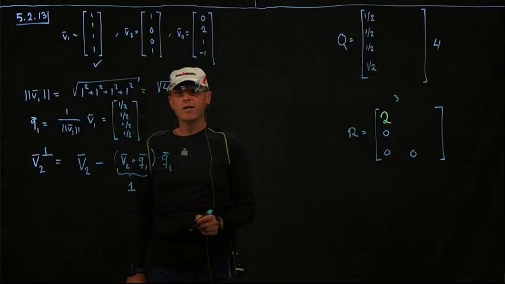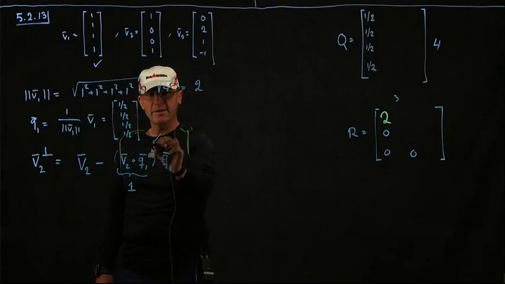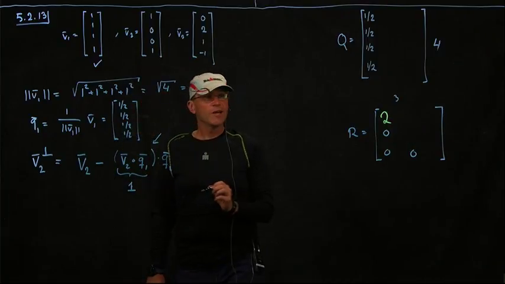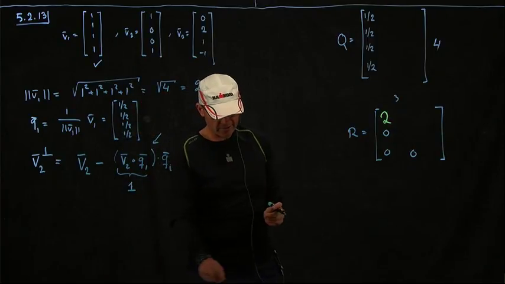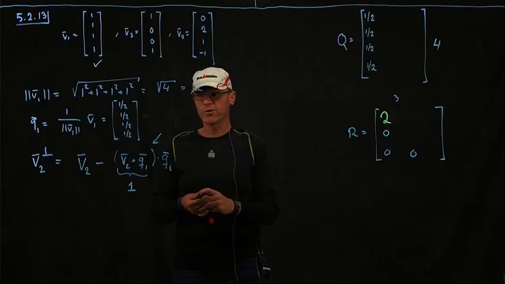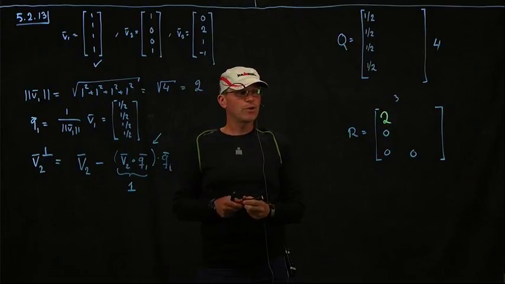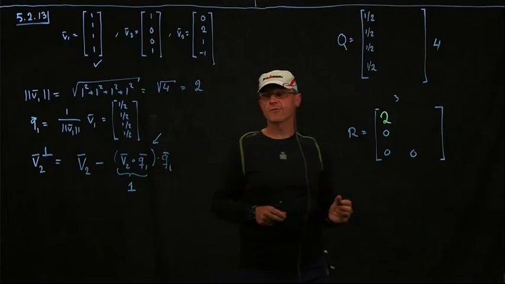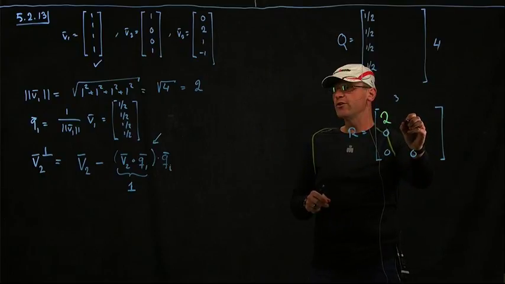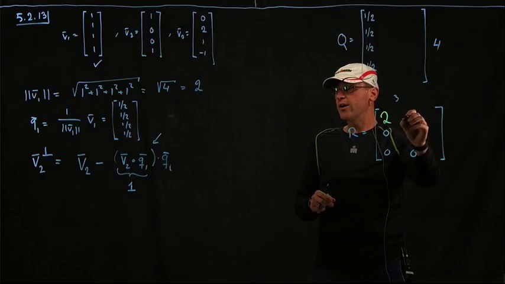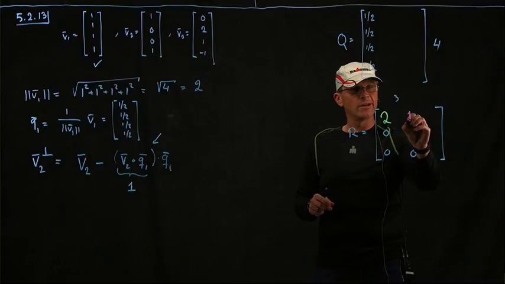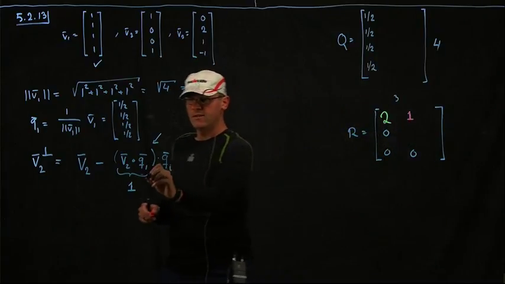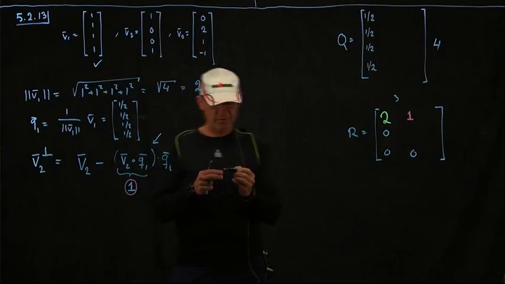This element here will end up in our R matrix. Dot products we compute along the way end up as superdiagonal elements. So now we are in the first row, second column, so we get a 1 here. It's that 1 that ends up over there.